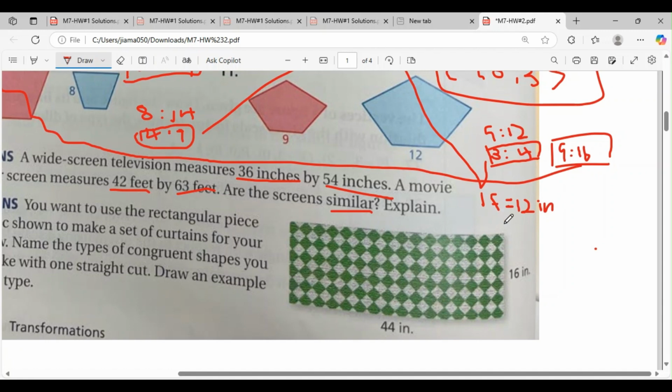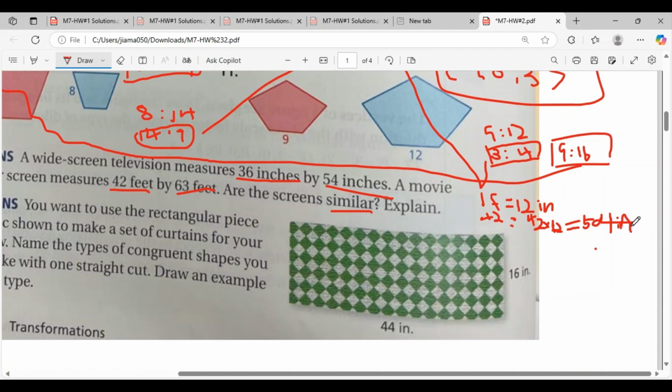Which means 42 feet equals 42 times 12 equals 504 inches.